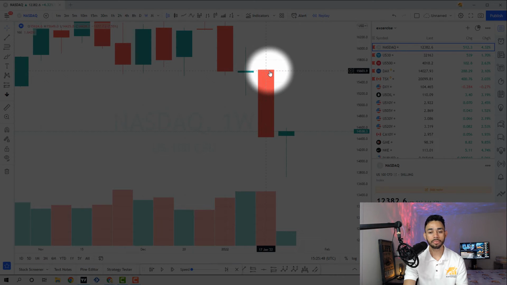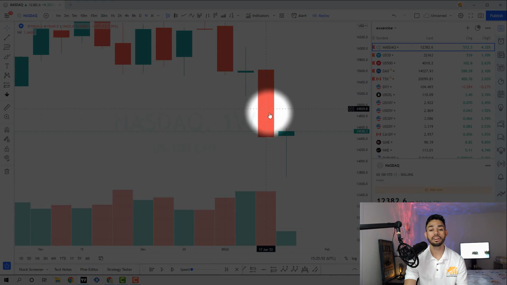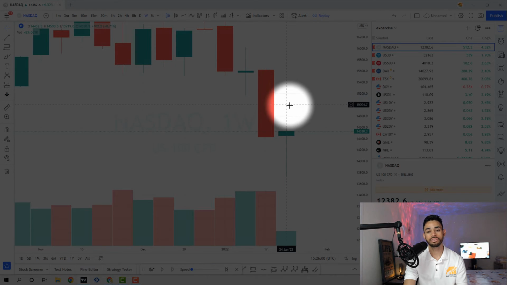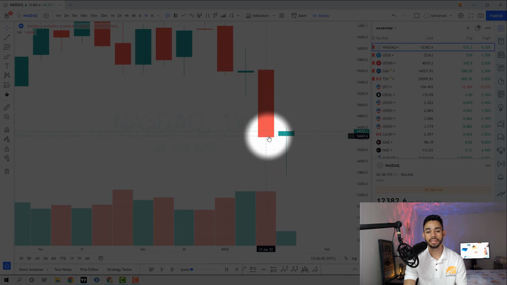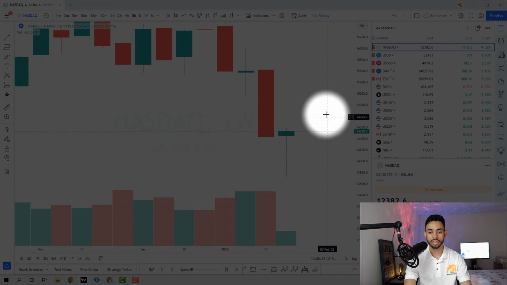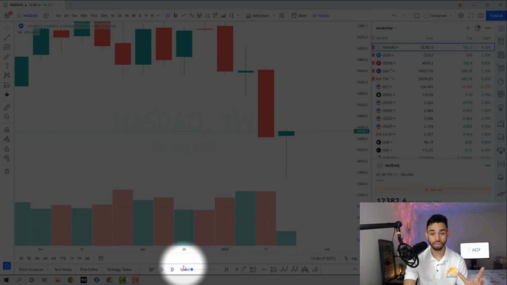What sort of candle is this? It's a bearish candle, because the opening price was around 15,600 and then it started to decline. It's showing a decline in price, and eventually the closing price was around 14,433.